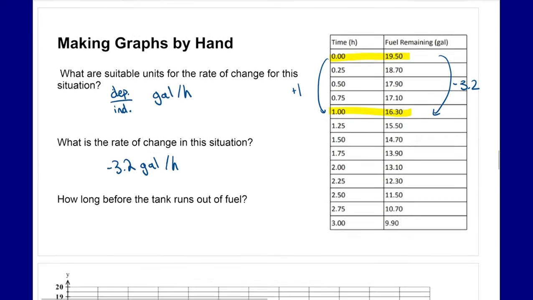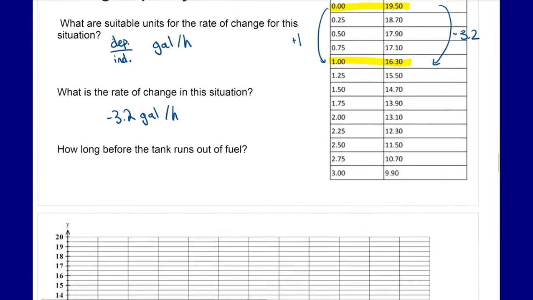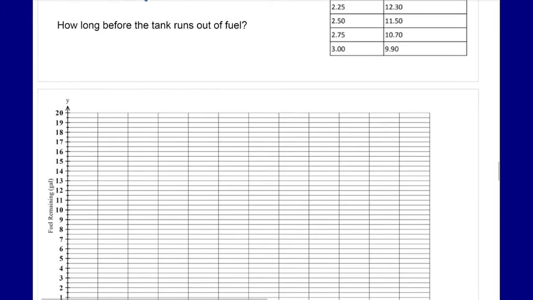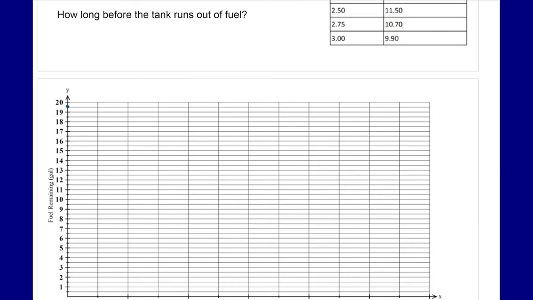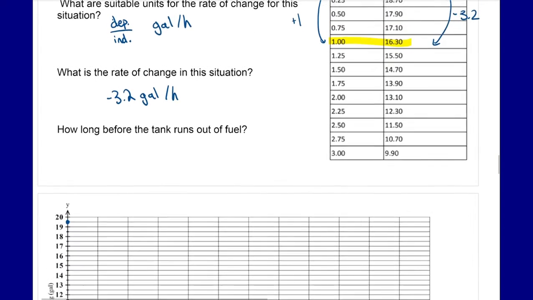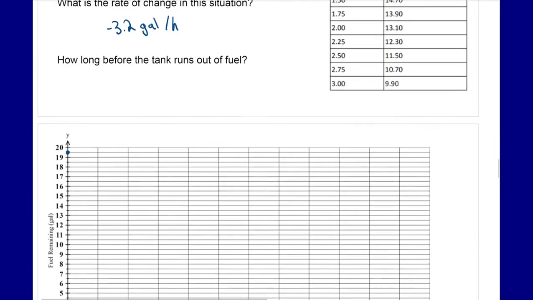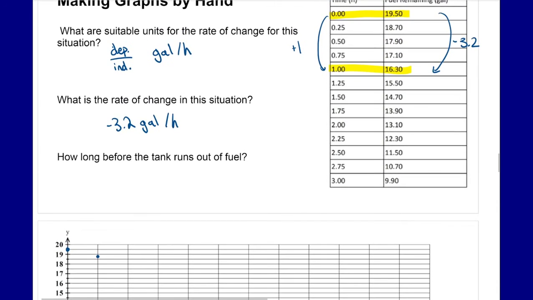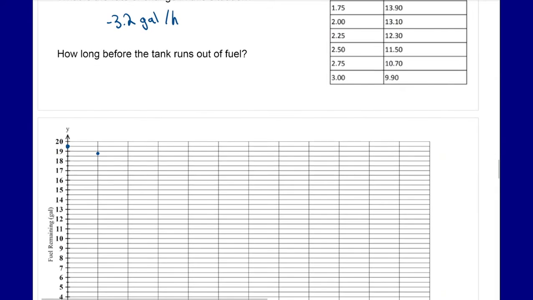We could also take those points and graph them. So we could graph these specific values. We could start at 19.5 and then go down to 18.7. Then at half an hour, 17.9.